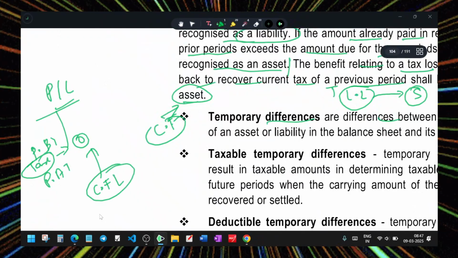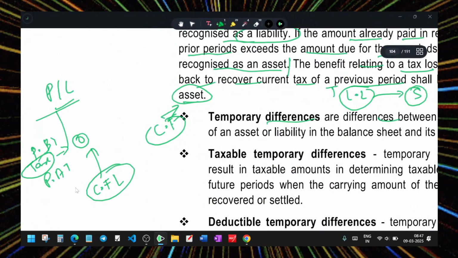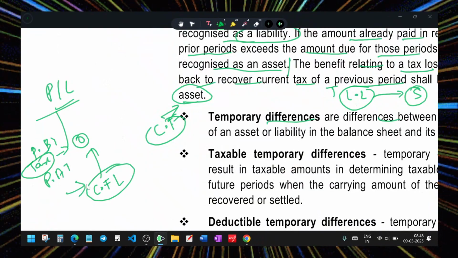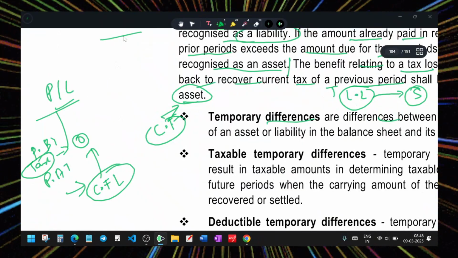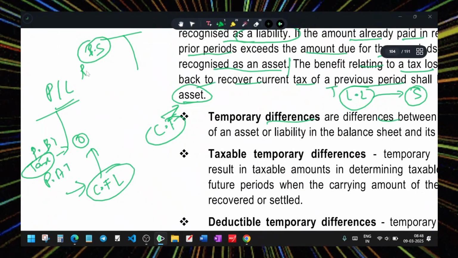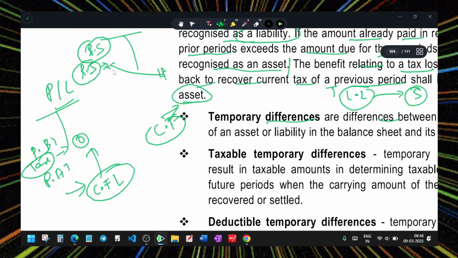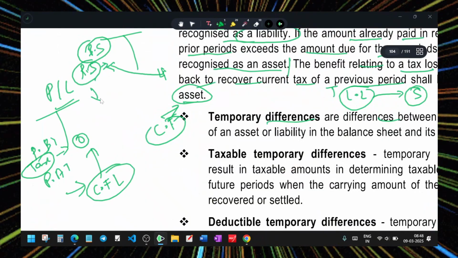But it is an asset. But this carrying forward loss will not be shown in any books of account. Why is it not shown? Because in the balance sheet, reserves and surplus will, every time, the loss will be carried forward to reserves and surplus, and reserves and surplus will decrease.